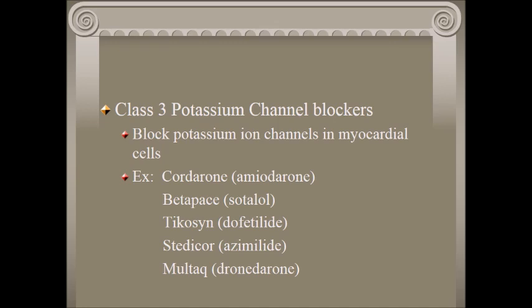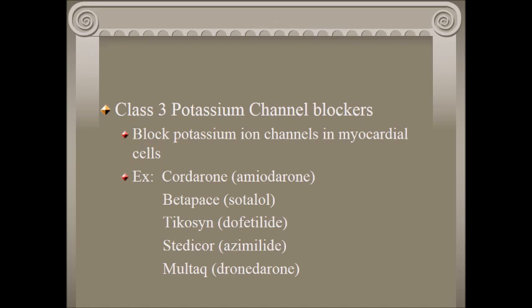Tikosyn you'll hear of used for the conversion and maintenance of highly symptomatic atrial fib, atrial flutter. So patients that have uncontrolled heart rates in atrial fib or flutter generally will be placed on Tikosyn when other things fail to help convert them into sinus rhythm and maintain them into that sinus rhythm.